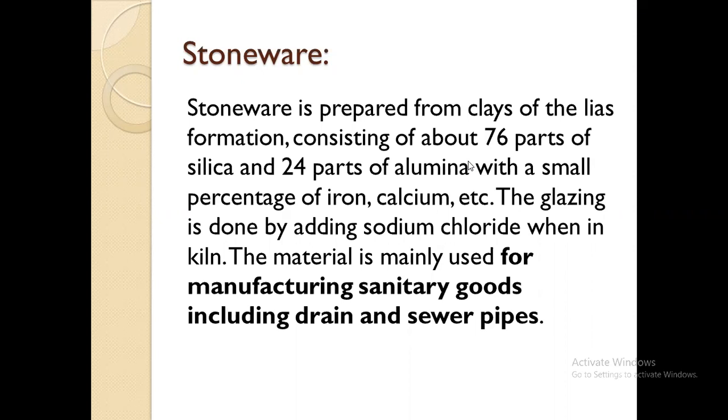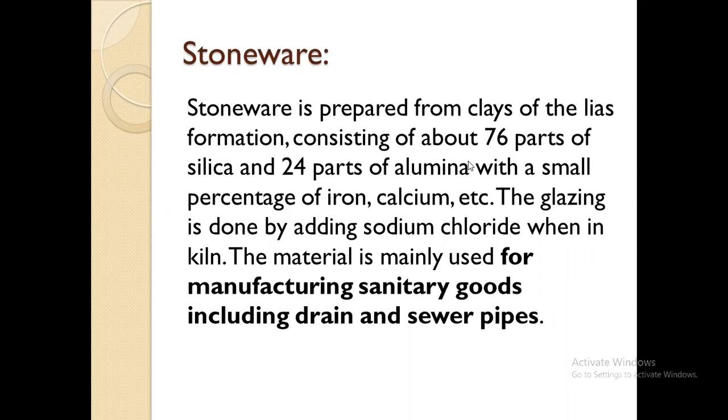The percentage of silica should be up to 76% and alumina 24%, and in a small amount, whatever required amount of iron and calcium is added, and stoneware is formed. But here glazing is required for the stonewares. So for glazing, we add sodium chloride whenever we provide heat to the stonewares in a kiln.